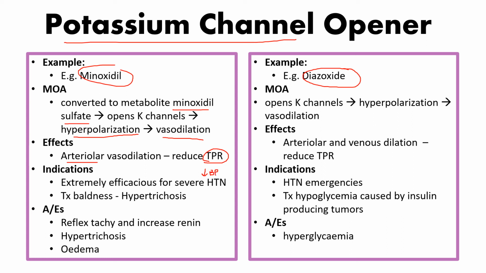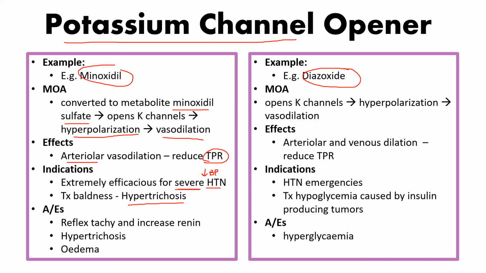Okay. Indications. As I said, they are indicated for hypertension, especially for severe hypertension. They are very efficacious for severe hypertension. Interestingly, they're also used for the treatment of baldness if applied topically, because they can cause hypertrichosis, which just means the excess growth of hair.